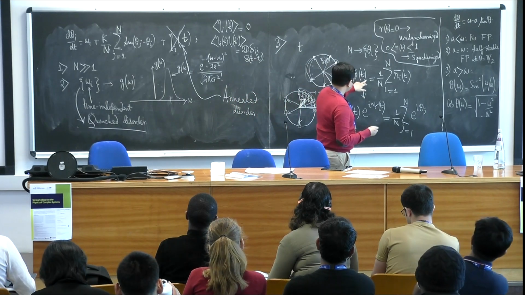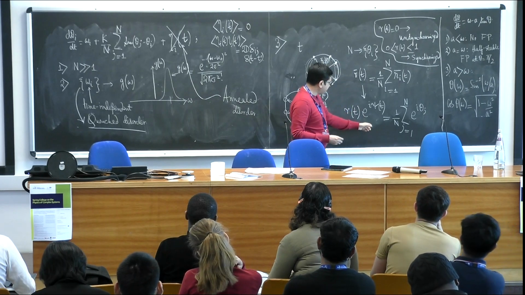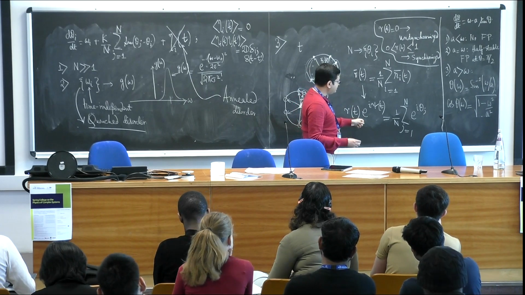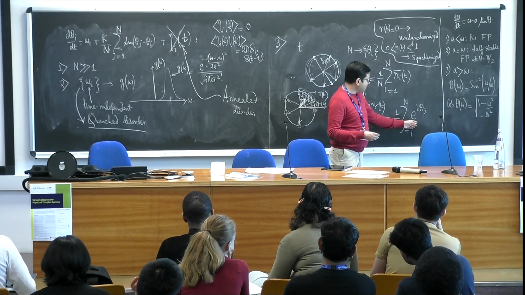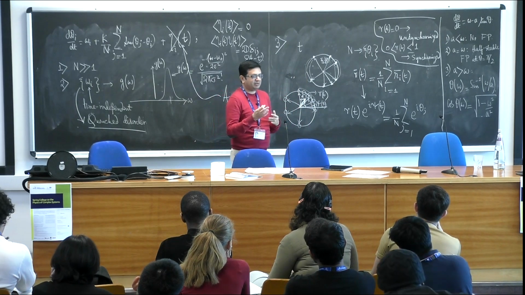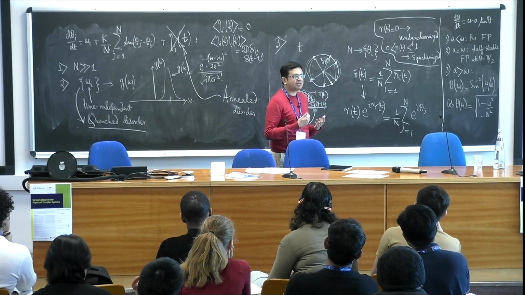And by the way, in order to have an r of t magnitude that is non-zero, can you tell me, n is much larger than 1, do you need 1 or 2 or 5 or 10% of the oscillators to be synchronized, or a macroscopic fraction?